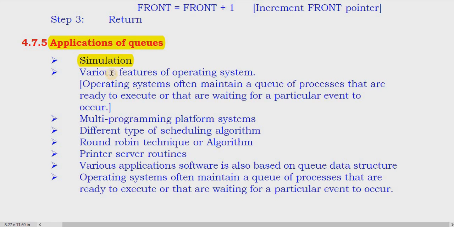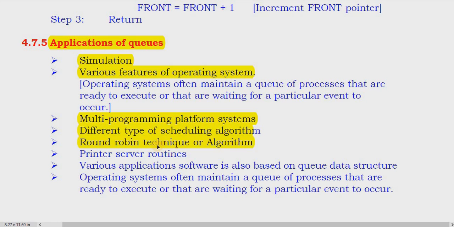Queues are used for simulation purposes and for various features of the operating system. They are used in multi-programming systems, different types of scheduling algorithms, and the round robin technique or algorithm. You have to write these points in the examination, just the names.